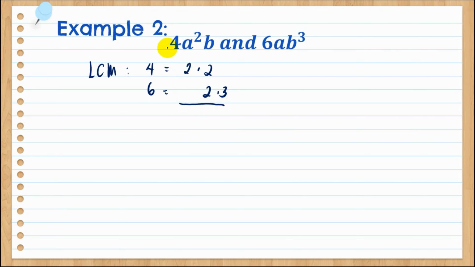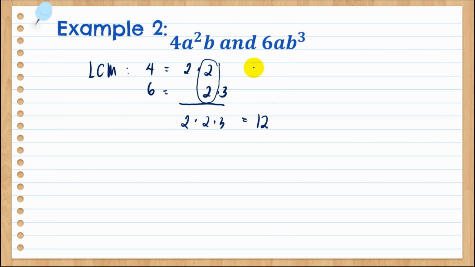Now, alin nga ba dito yung common? Una hanapin natin ay yung common, and that is 2. So, 2 yung una. Then, yung mga hindi common, ililist down pa rin natin. 2 times 2 is 4, times 3 is 12. So, when it comes to the numerical coefficients, 12 yung hinahanap nating LCM. 12 can be divided by 4 and also can be divided by 6.